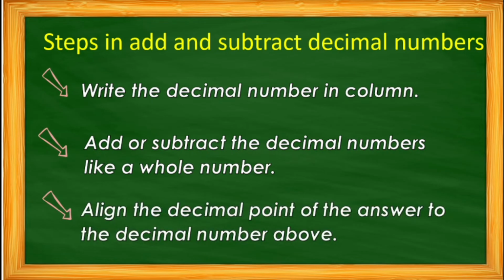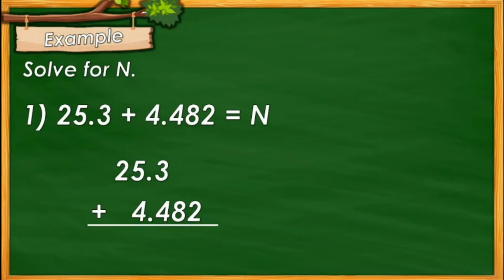And then the third one, align the decimal point of the answer to the decimal points above. So let's proceed. Solve for n. 25 and 3 tenths plus 4 and 482 thousandths is equal to n. We're going to find the value of n.